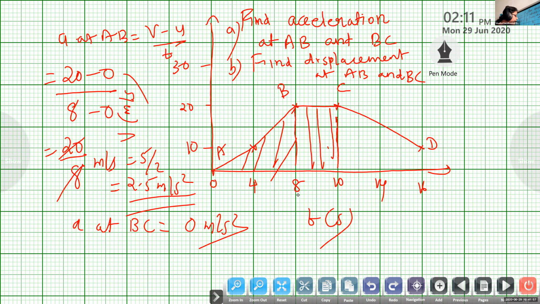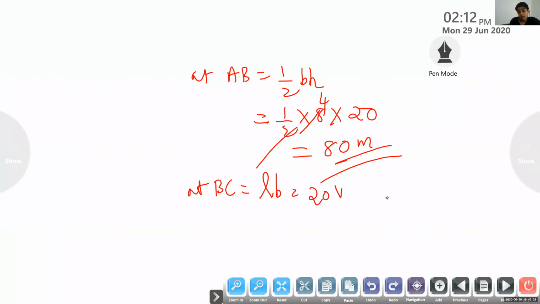So between 8 and 10, how much is the time? 2 seconds. So our breadth will be 2 seconds. Length is 20, no change. So 20 into 2, what do you get? 40 meter.